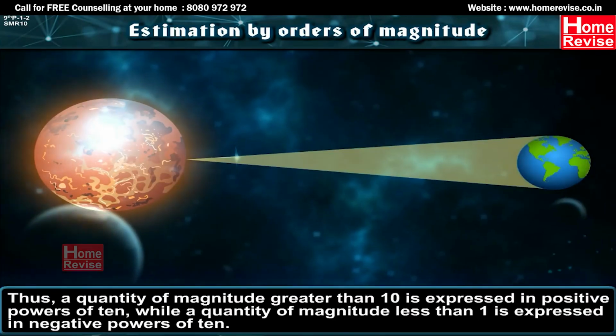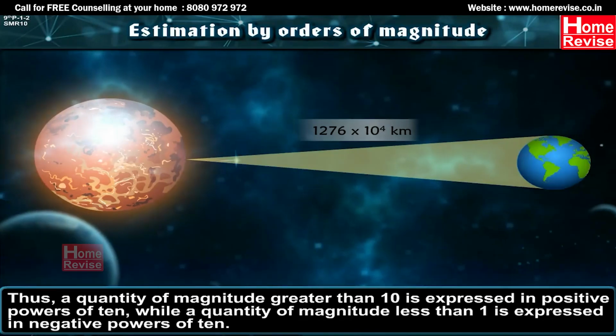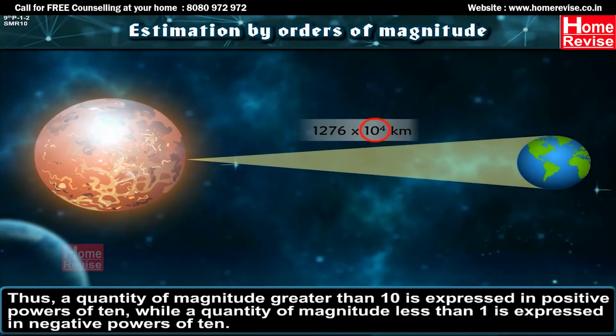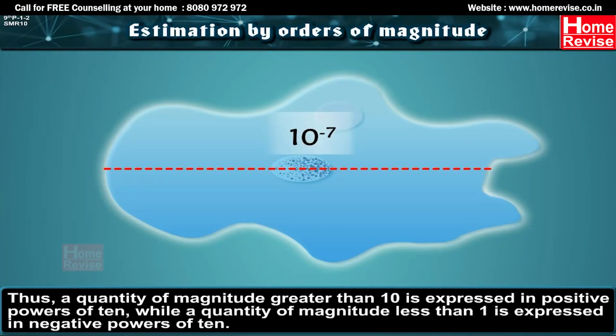Thus, a quantity of magnitude greater than 10 is expressed in positive powers of 10, while a quantity of magnitude less than 1 is expressed in negative powers of 10.